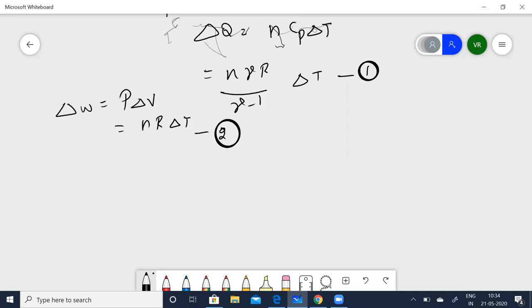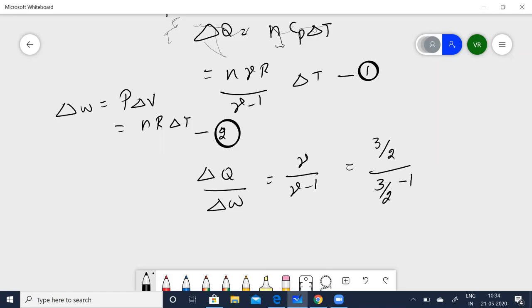That would give you delta Q by delta W is equal to gamma by gamma minus 1, and for helium gamma is 3 by 2, so 3 by 2 divided by 3 by 2 minus 1, which is equal to 3. So let's see which option is correct.